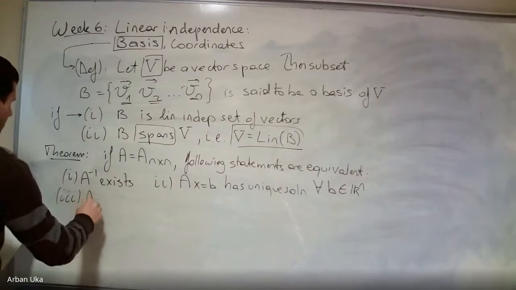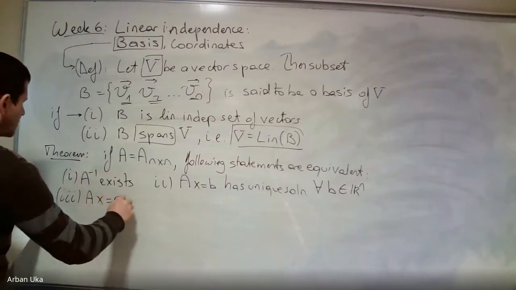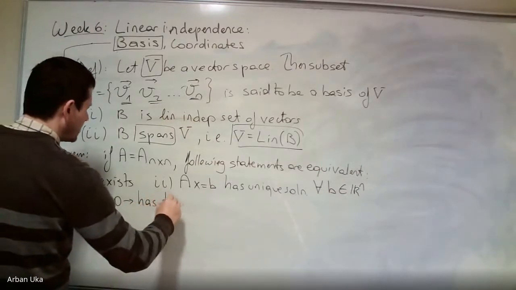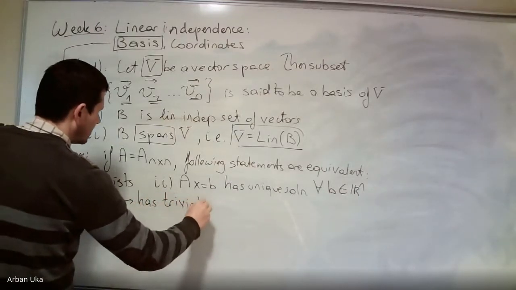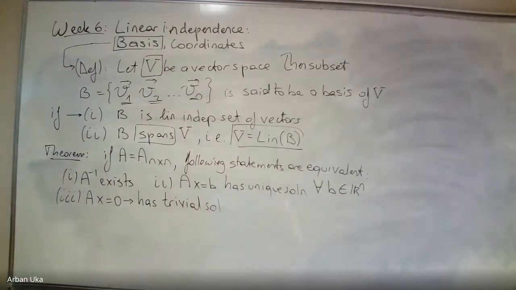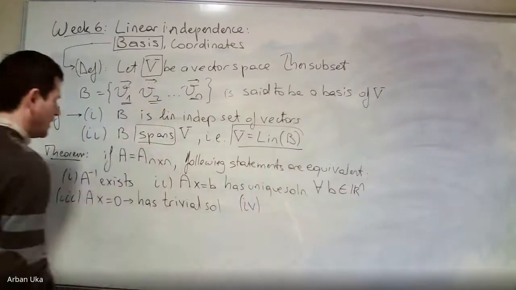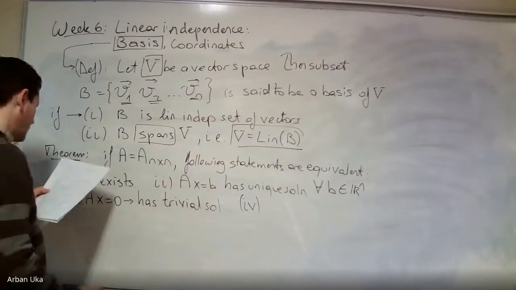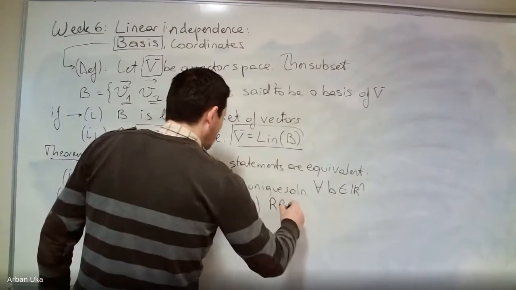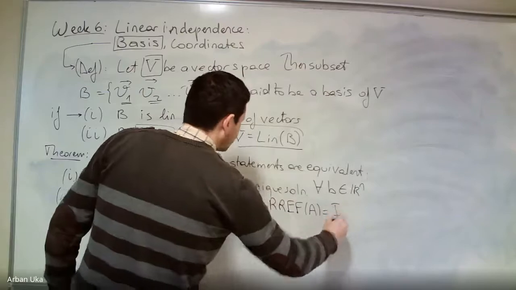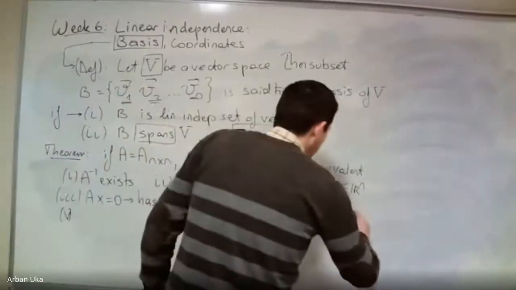The third equivalent statement is the following: AX equals 0 has only the trivial solution. I think we know this one. The fourth statement states that the reduced row echelon form of A is equal to the identity matrix, which is n by n.